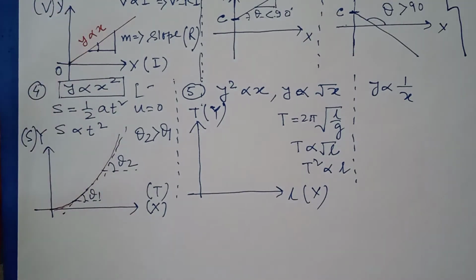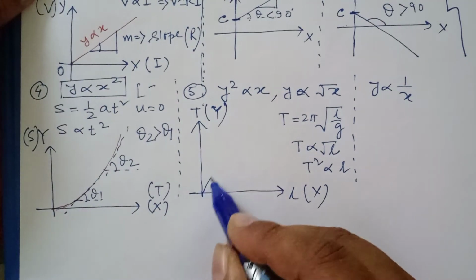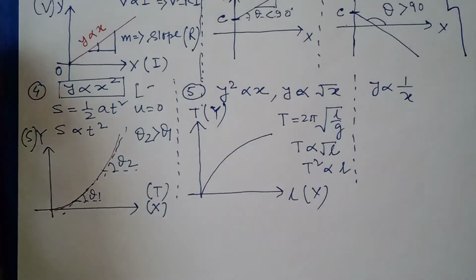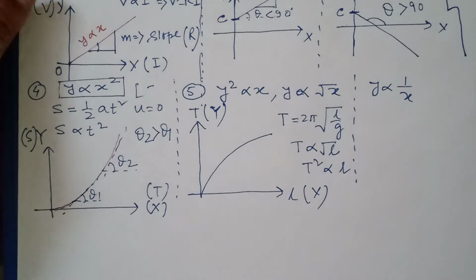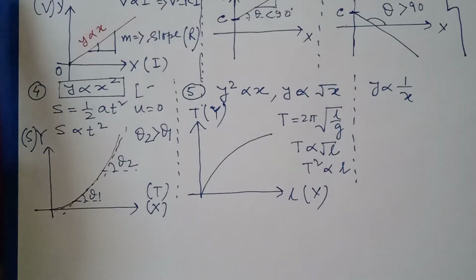How can you draw this graph? See, students, in this case the graph will be like this. It's a retardation graph. y square proportional to x is a retardation graph. Okay, so if you draw T versus L, also this type.